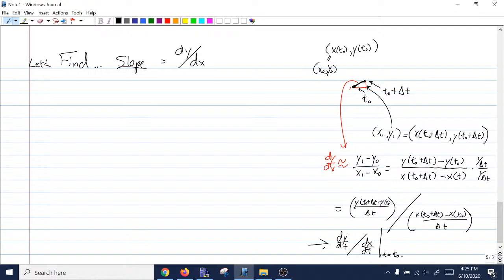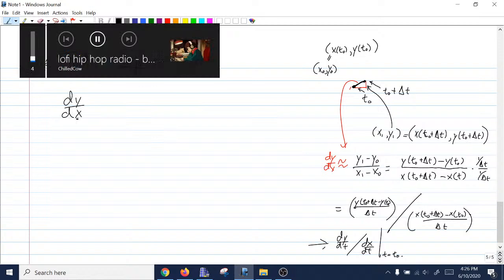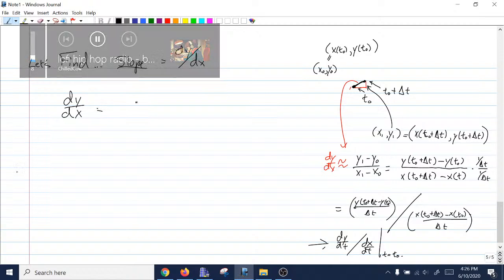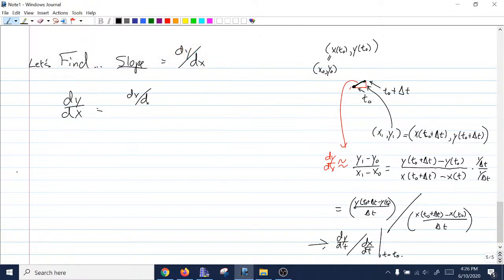So that's nice. This is one of these places where writing dy dx as a fraction is bad form, but it's useful anyway because it helps the mnemonic devices work out. dy dx is going to be dy dt over dx dt. Which, if the fractions reduced, and the fractions do not reduce, but if they did, you would get dy dx.